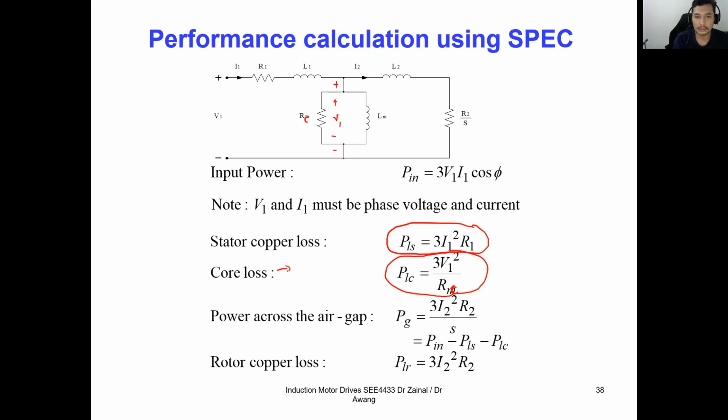These core losses consist of the hysteresis effect, and the second one is due to the eddy current effect. Okay, and then this is at the stator side.